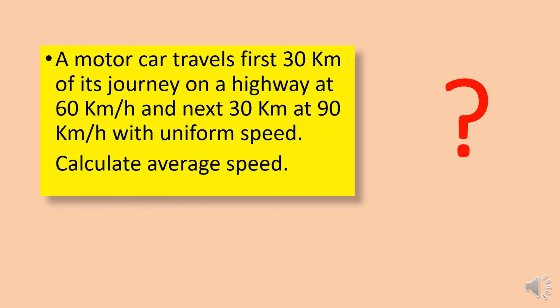That means time is not given. This is a hint for you. Calculate the average speed. Pause the video, calculate the answer, and check your answer in the first comment. I'll be waiting for your answers in the comment section.